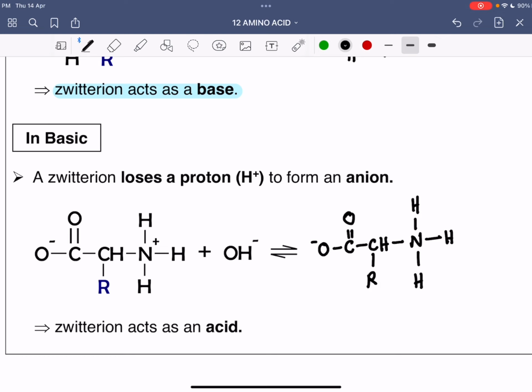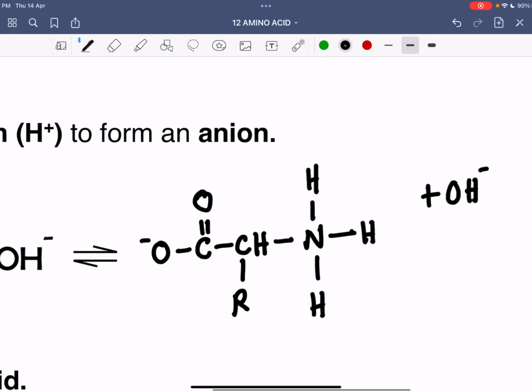Since we have OH minus, this bond will break. When it breaks, it becomes a lone pair, and the H becomes H plus.